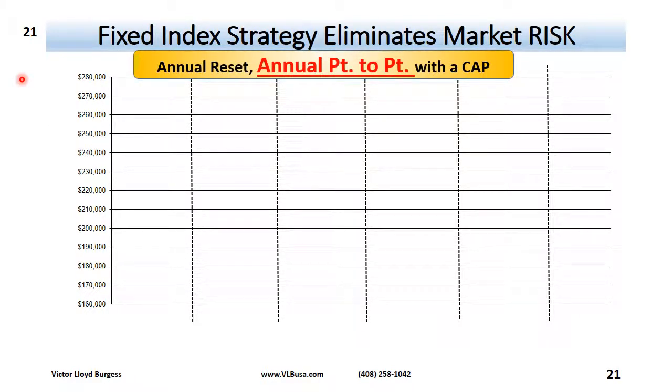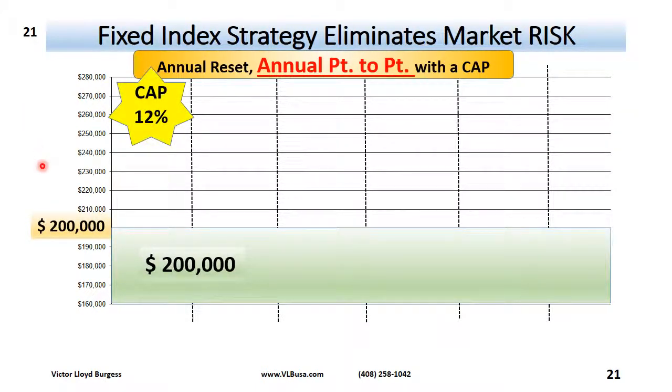Now let's look at that annual reset, annual point-to-point with a cap strategy we used earlier and explained on the S&P 500. Here you have an IRA, let's say for example $200,000, and in this annual point-to-point you have a 12% cap. Again, we look at our 10% gain, which is why we're in the markets, right?